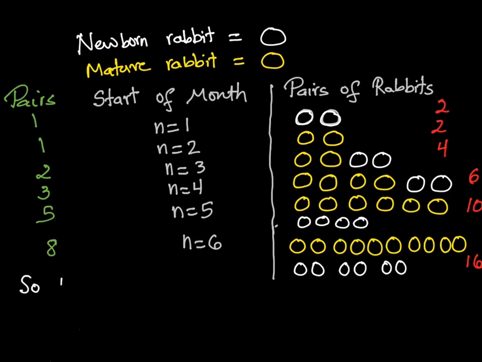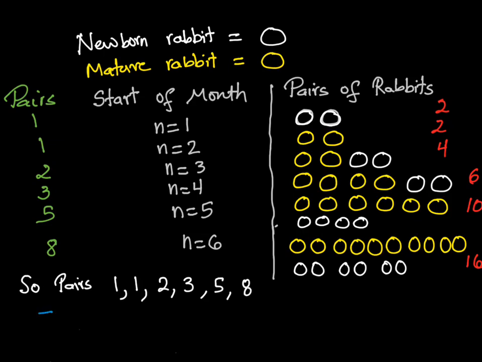So this sequence, 1, 1, 2, 3, 5, 8, and so on and so forth, is called the Fibonacci sequence.